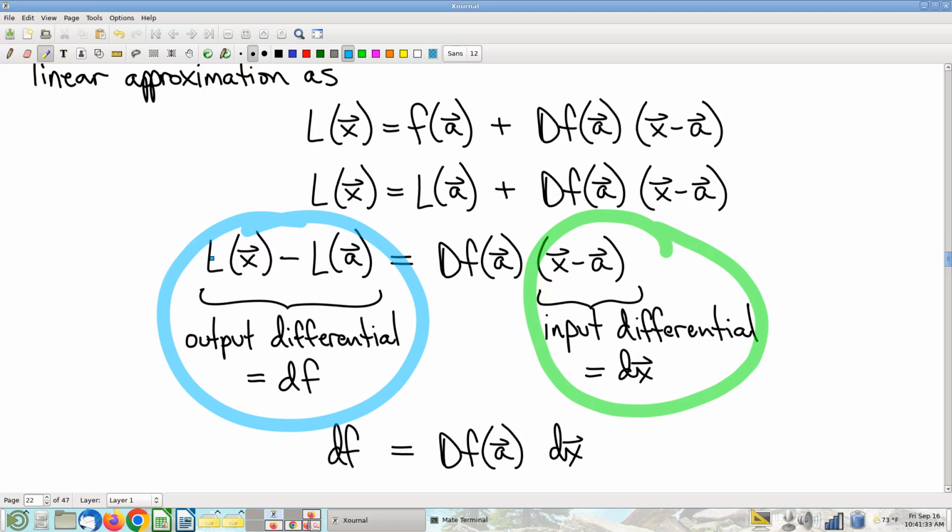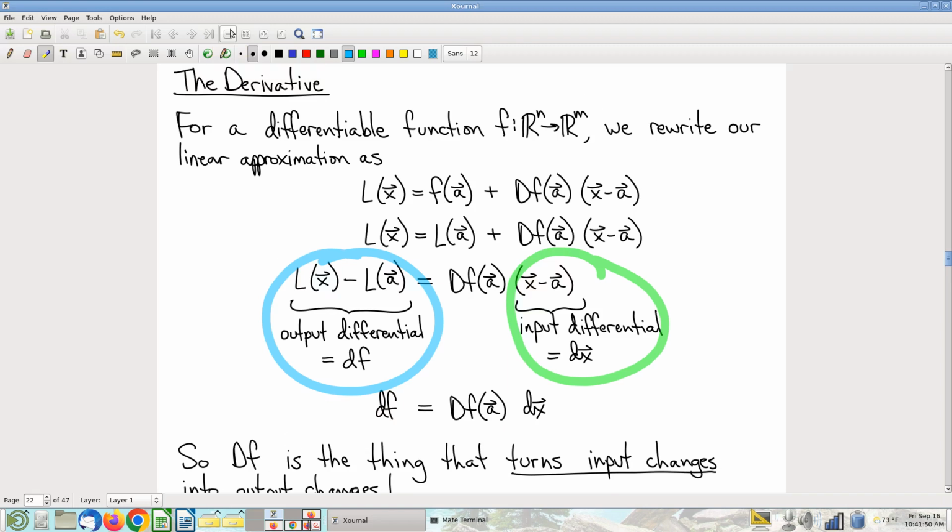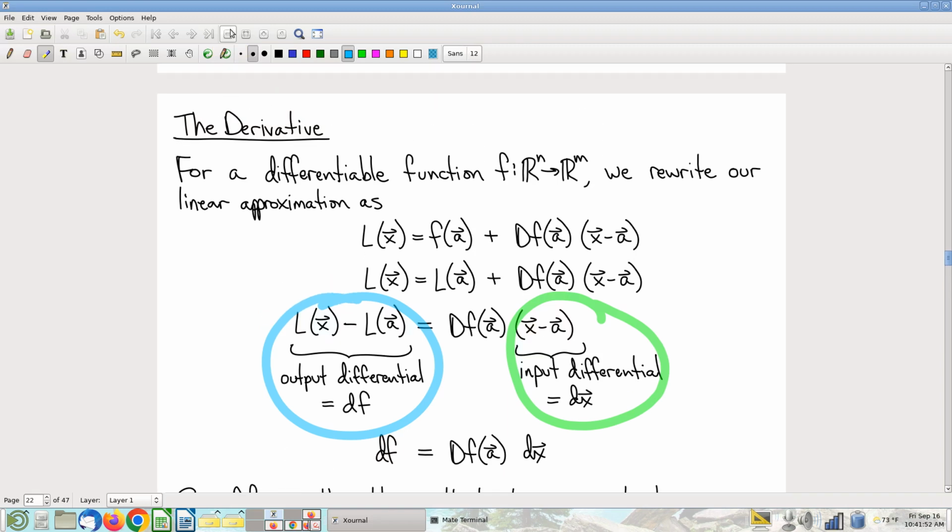And so we have a relationship between what we call input differentials and output differentials, or as I like to casually think about it, a relationship between input changes and output changes. And I'll remind you that on our very first day talking about derivatives, this was the motivating target.